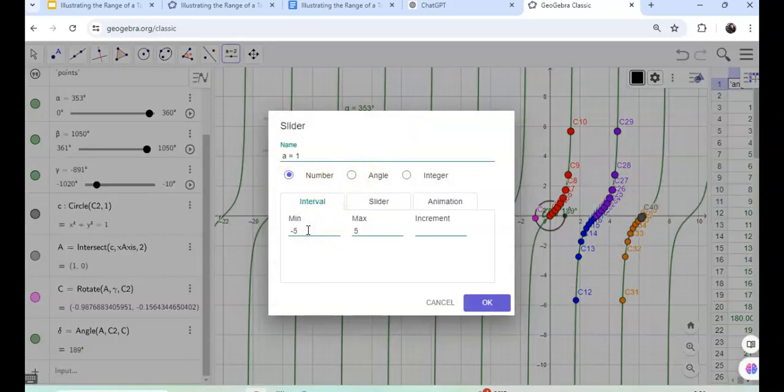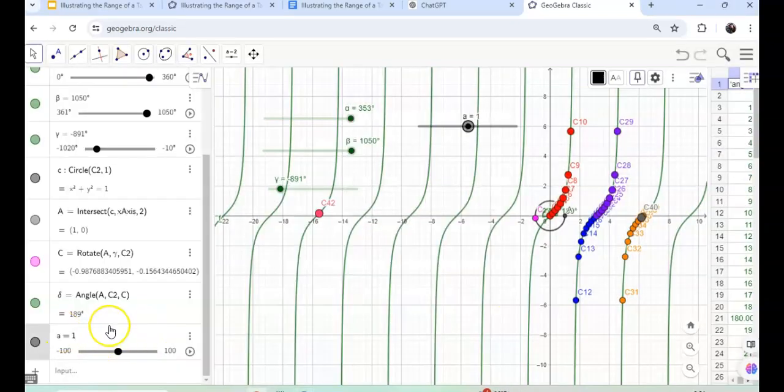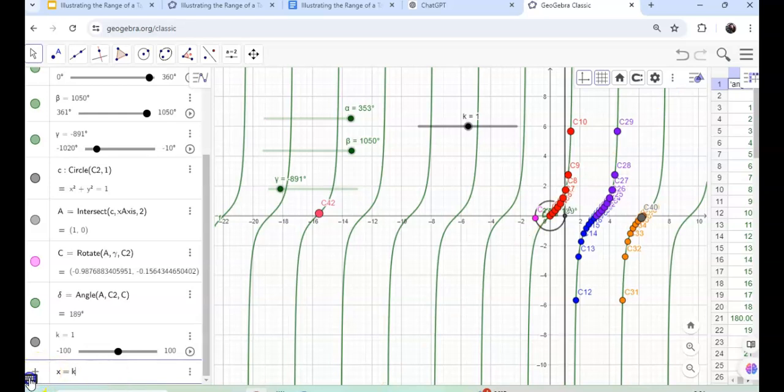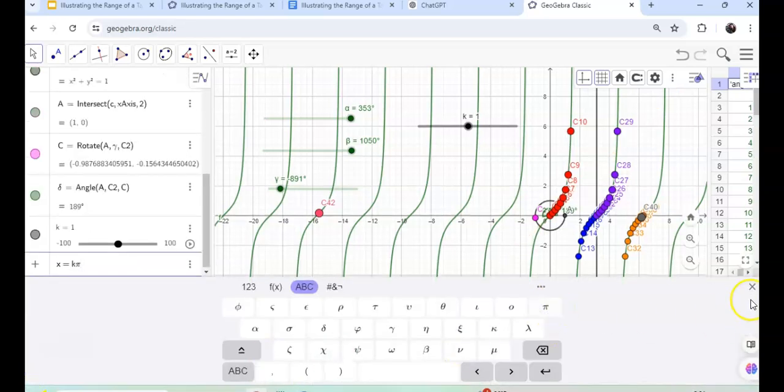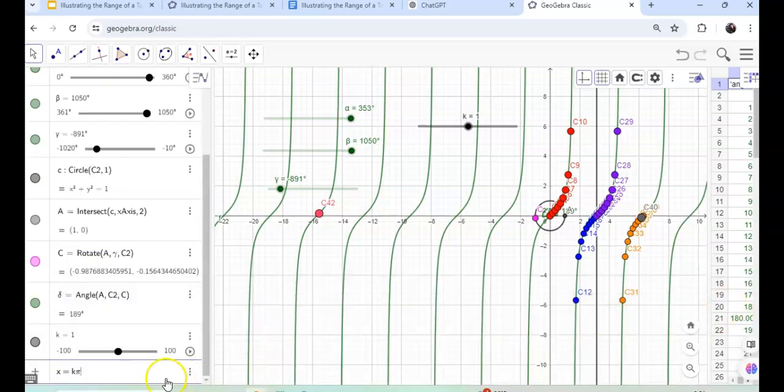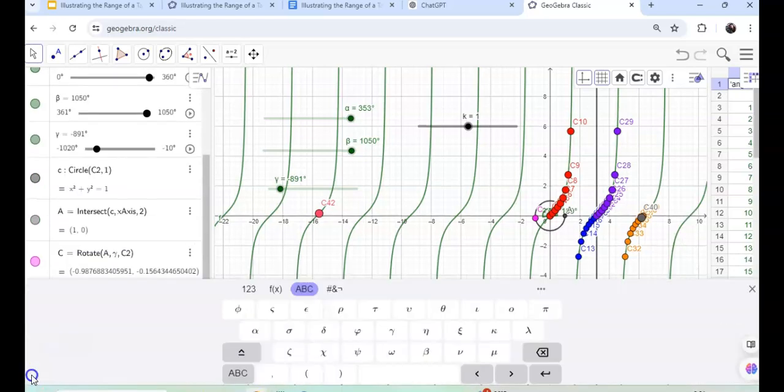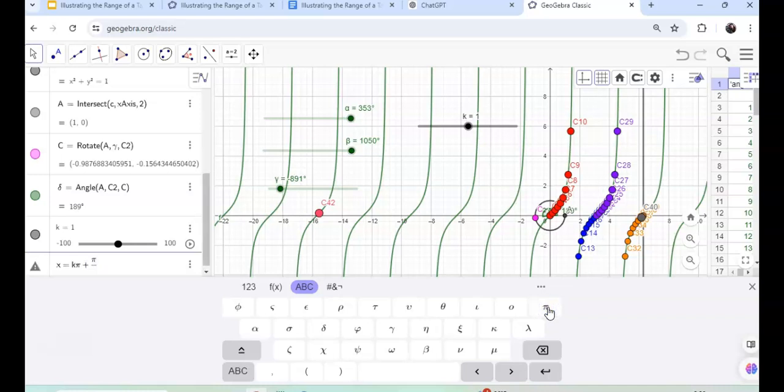So let's have negative 100 to 100. So let's change this to k, slider k, and then that would be x is equal to k pi plus pi over 2.